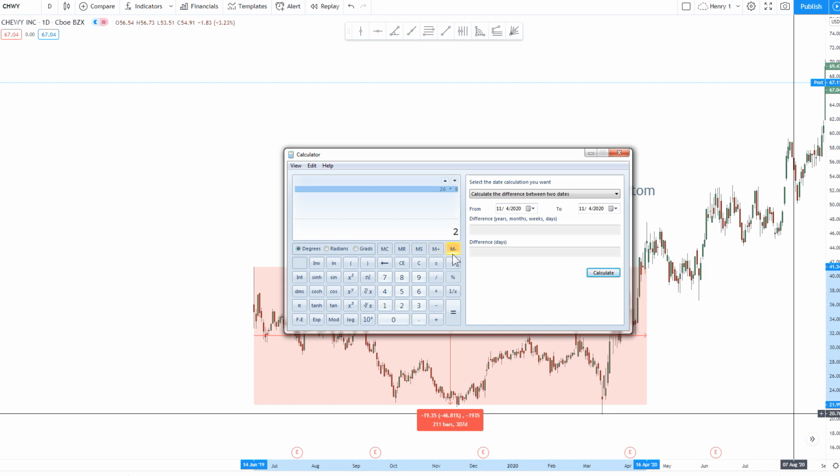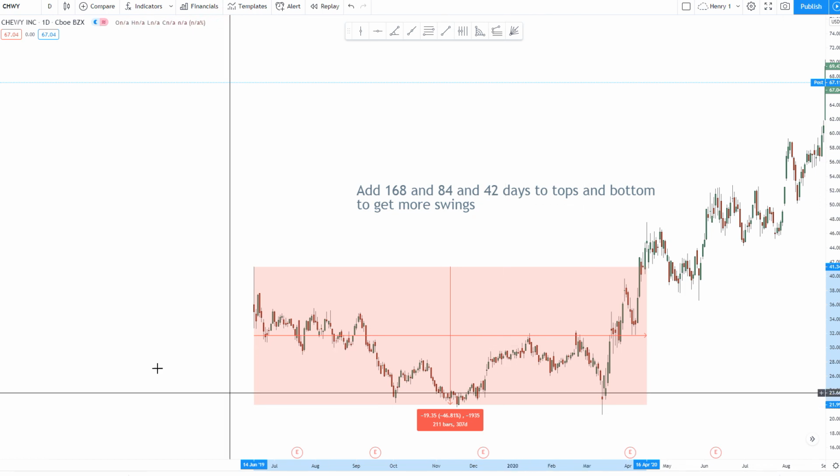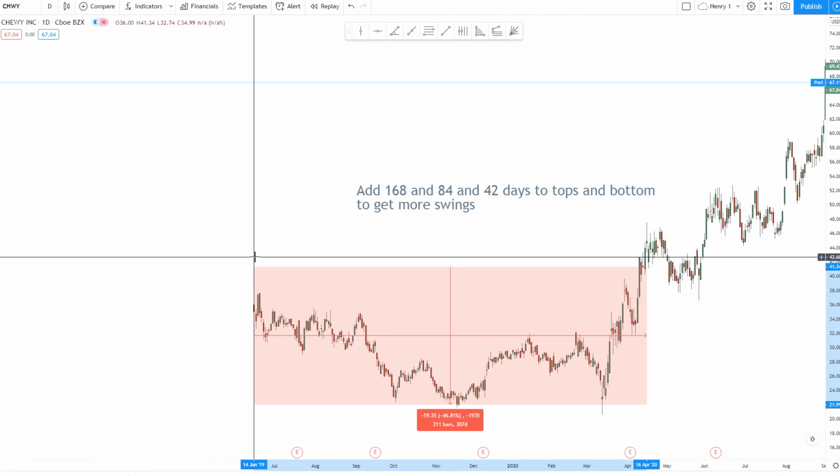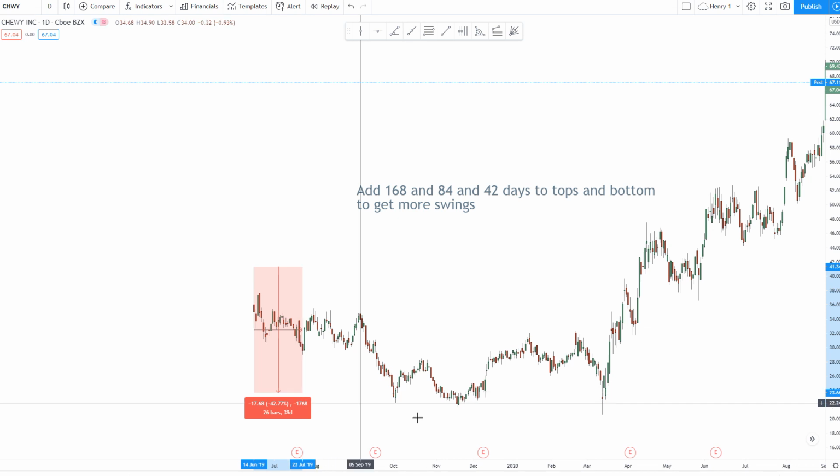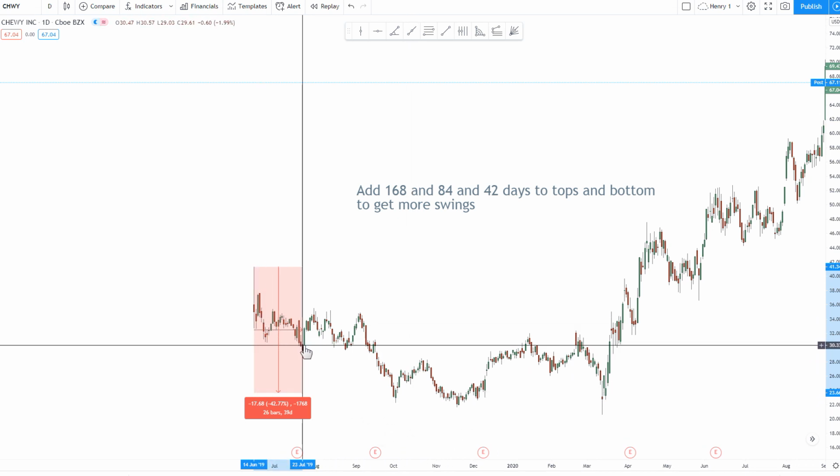So if we take 211 divided by 8, our 1/8 seed, so to speak, is going to be 26.3, 26.4. So what does the market do if we measure 26 bars? 25, 26. Look at that. It made a low there.